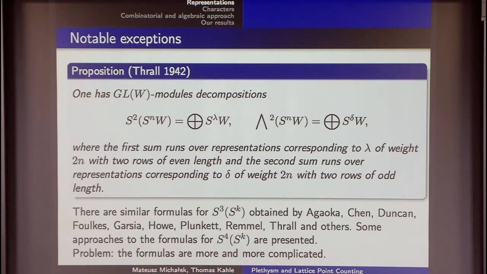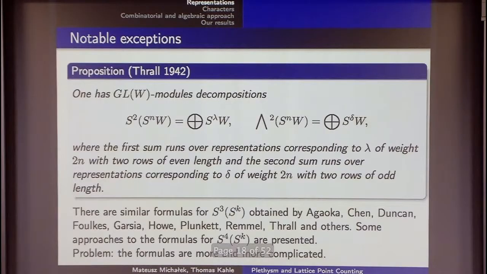The thing is that these formulas are more and more complicated. And I should say these are still quite old results. But for many different approaches to S mu Sk, when mu is a partition of 3, there are papers after 2000 about that. So the formulas, of course, become more and more complicated.